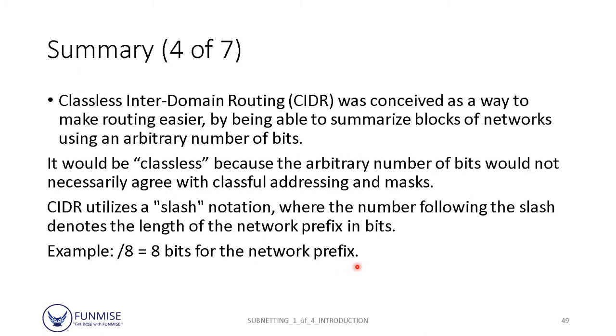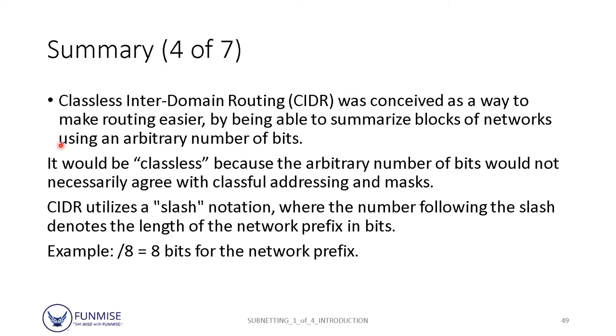Classless interdomain routing, CIDR, was conceived as a way to make routing easier by being able to summarize blocks of networks using an arbitrary number of bits. There will be a topic on routing. Keep that in mind.